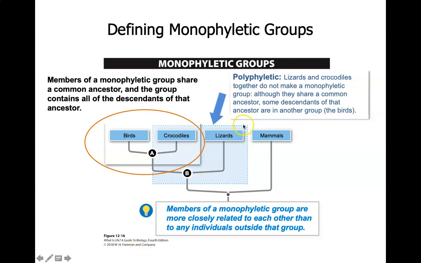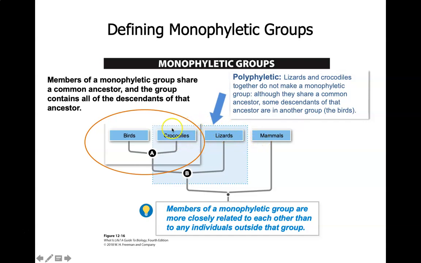You can also look at organisms based on similar characteristics, but that don't have a common ancestor, or at least not a common ancestor that includes all others. So crocodiles and lizards share many physical characteristics. And if you based your tree on just these particular characteristics, you would end up with something called a polyphyletic group.